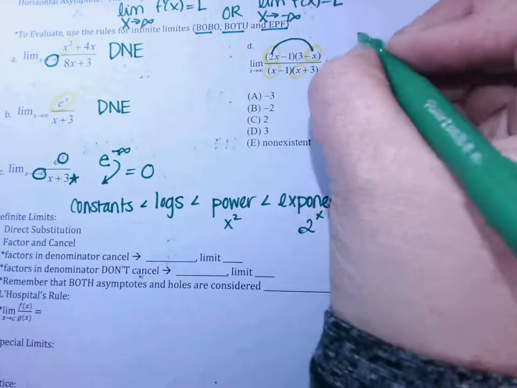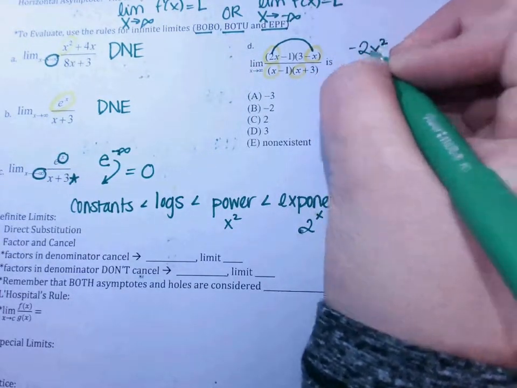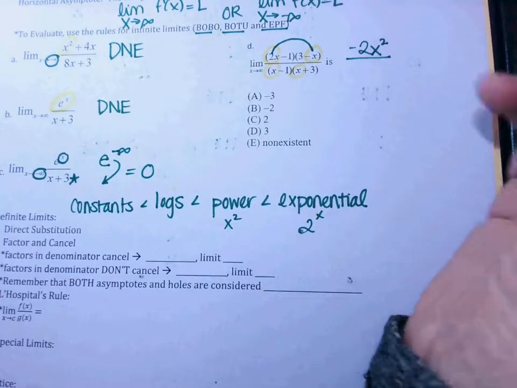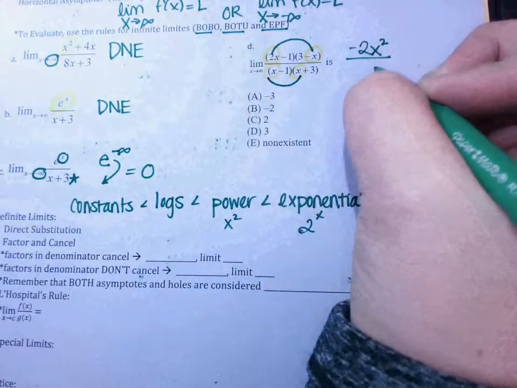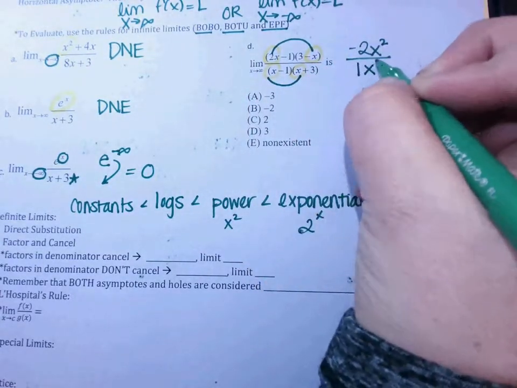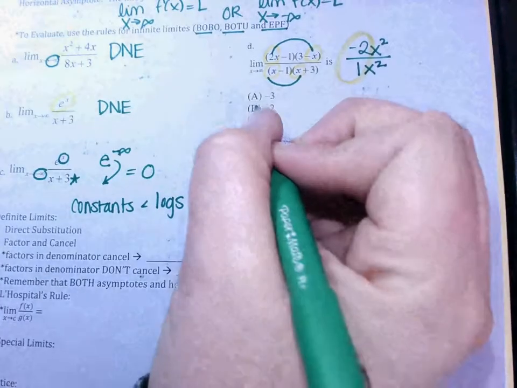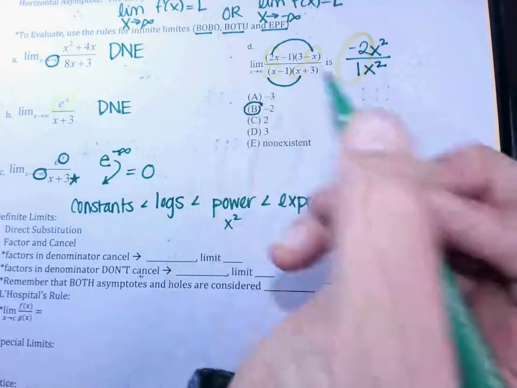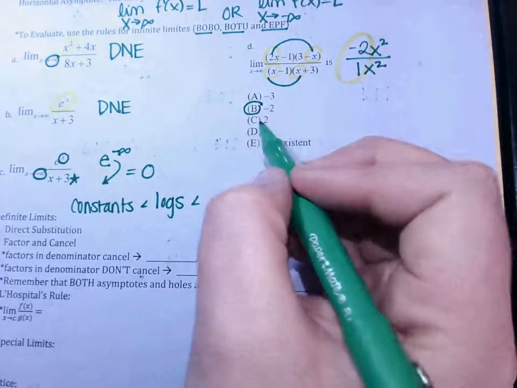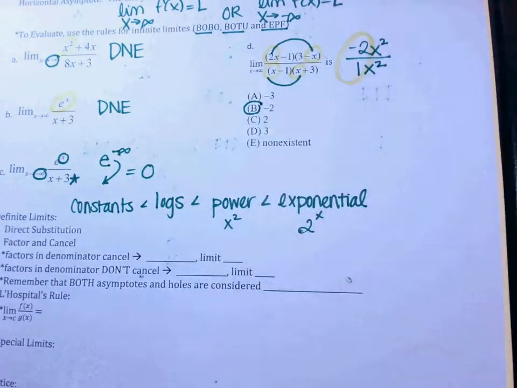Negative 2x squared. And remember that that negative is going to matter. What is the biggest term on the bottom? 1x squared, right? So when I pick these numbers in the front, what's my ratio? Negative 2, yeah. And so the trick answer there would be 2. If you miss this negative here, you'd end up getting the question wrong, okay?